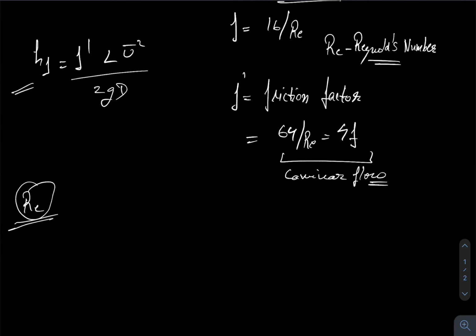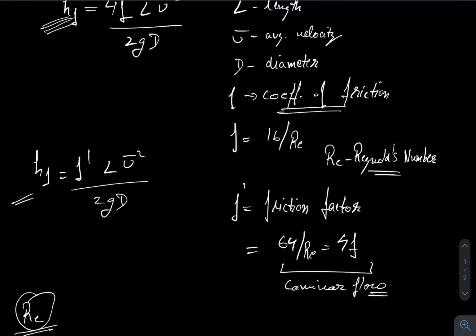In laminar flow the losses are only due to viscosity and drag effects. However, the major losses in turbulent flow are due to intermixing of fluid particles, but there are also laminar losses. Drag is also there. So if you have to calculate the total losses in turbulent flow, it will be losses due to viscosity and drag forces and losses due to intermixing of particles.